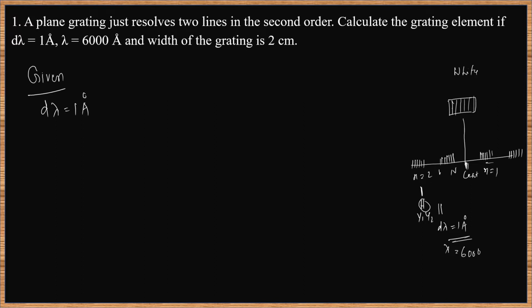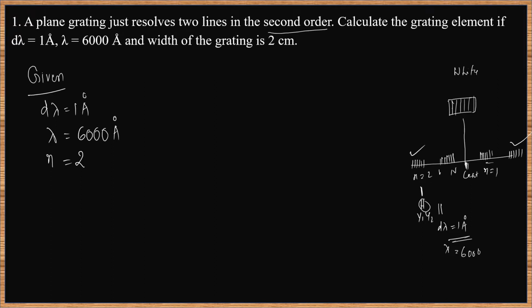And lambda is equal to 6000 angstrom, and also the given thing is it is in the second order, n is equal to 2. So calculate the grating element.